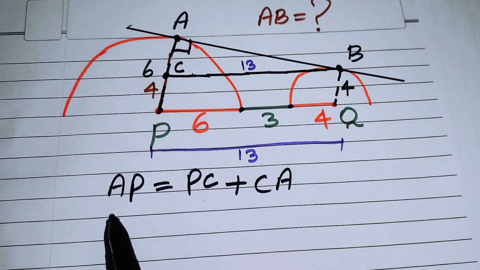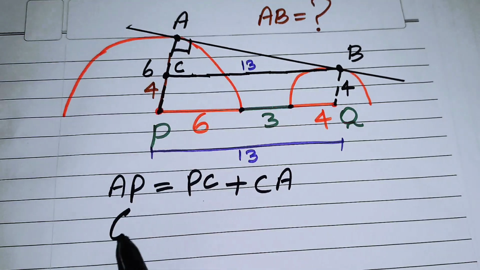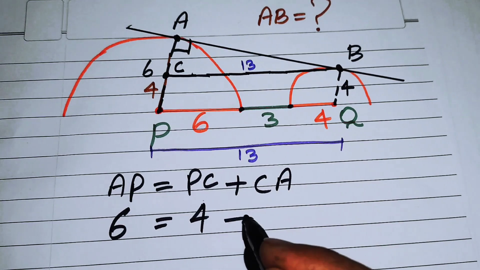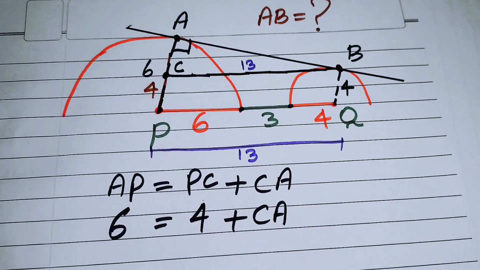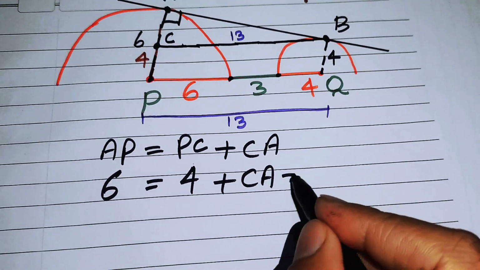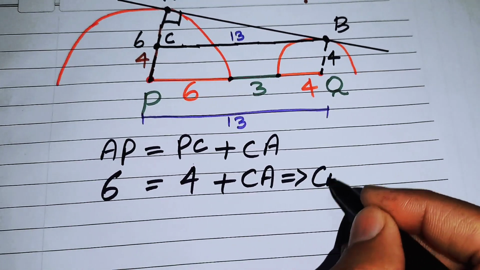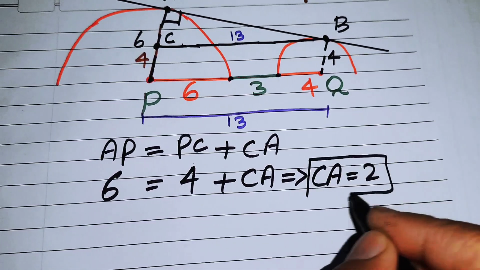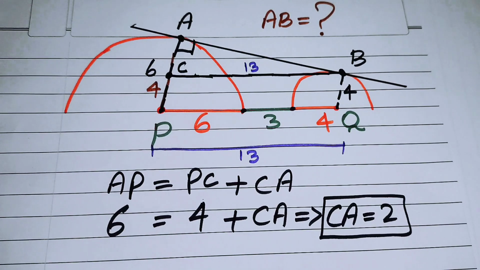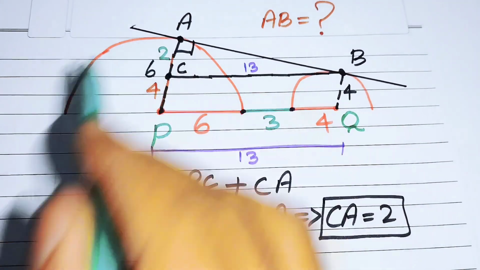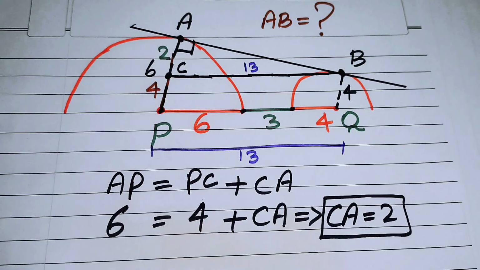The total AP distance is 6 and the PC distance is 4, so we move this 4 to the right hand side, and this implies that the CA distance becomes 2 units.